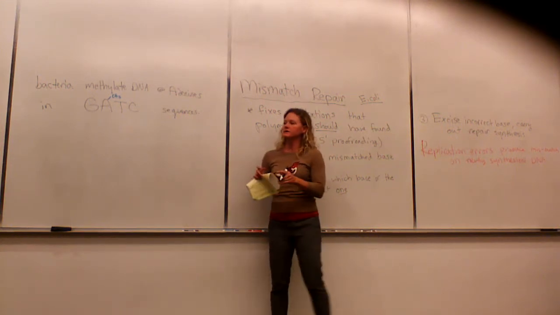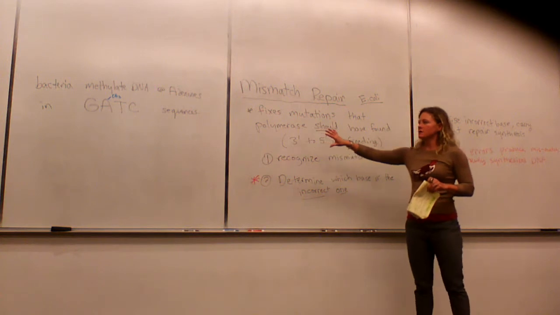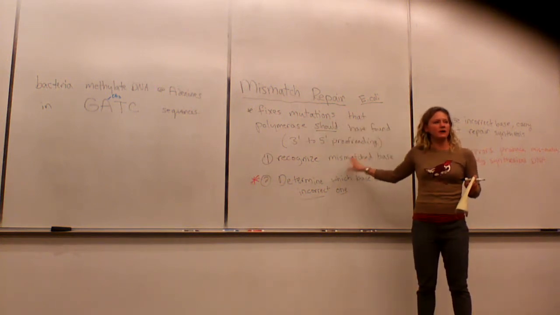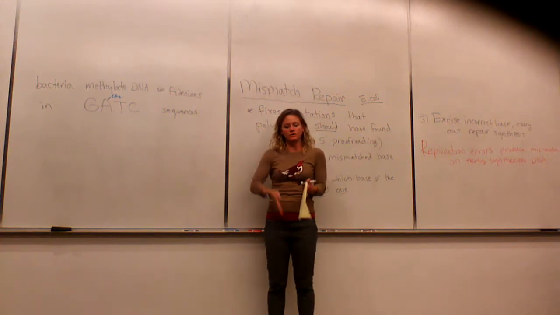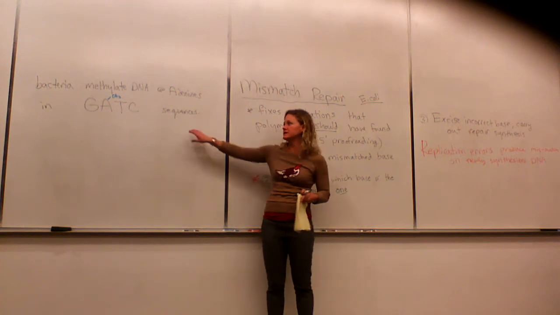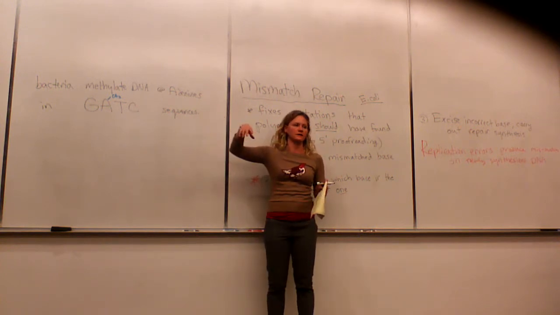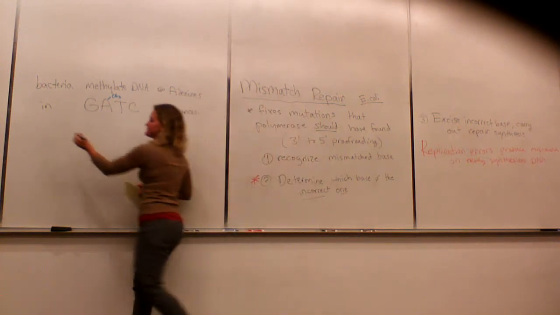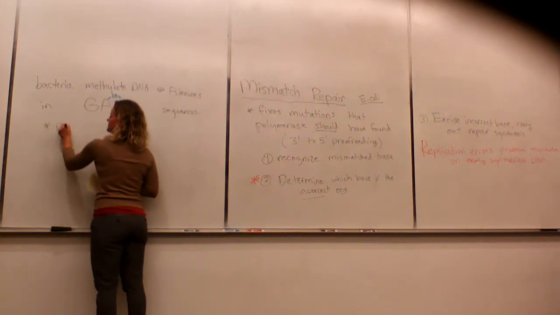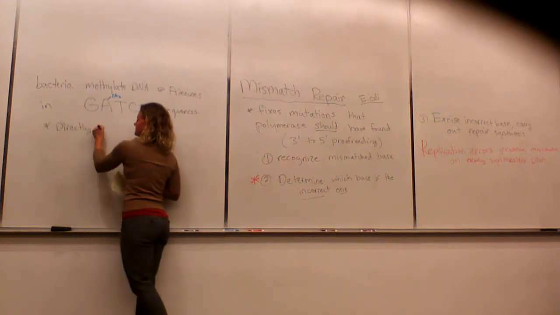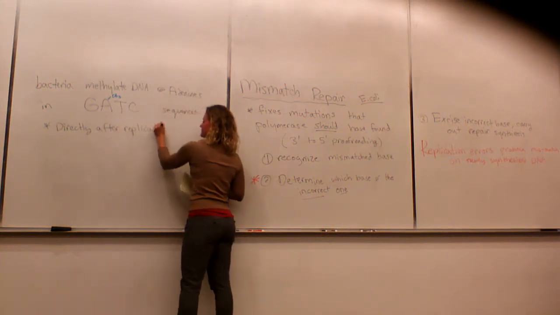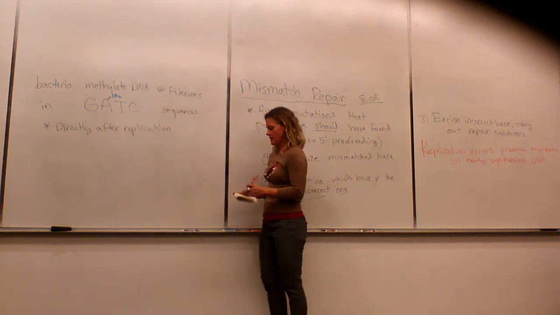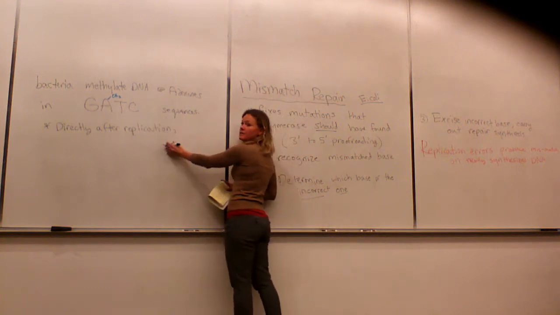But in relation to what we're thinking about for mismatch repair, there's a lag time right after replication where we have a newly synthesized strand that has not been methylated yet. Okay, because you have to have an enzyme that comes in and adds methyl groups if that's its job. So right after replication, the DNA is called hemimethylated.